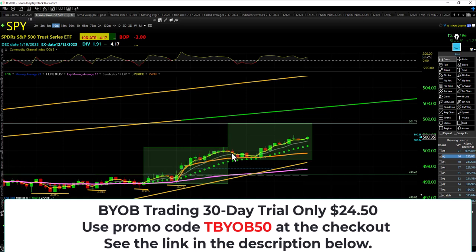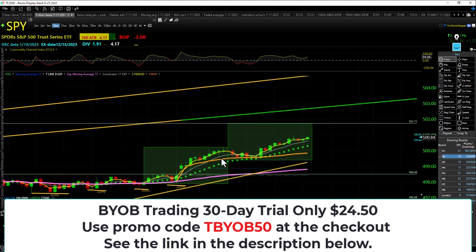It goes up. It has a pullback in the middle of the day. All right? Not much of a pullback. And then it goes back up to make higher highs. As long as it continues making higher lows, it's going to try to run off and make higher highs. That's what we're looking for. Go up, make a new high, come back, make a higher low, go back up, make a higher high.